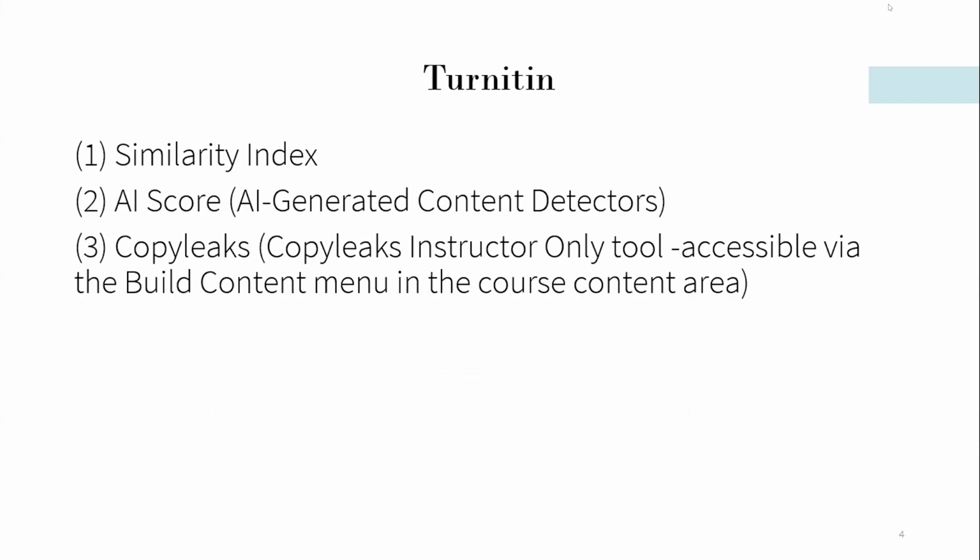The AI score gives you an idea whether most of the segments of the text are generated by ChatGPT or not. Then in October, there was also the Copyleaks instructor-only tool, which can be accessed through the Build Content menu in the course content area.